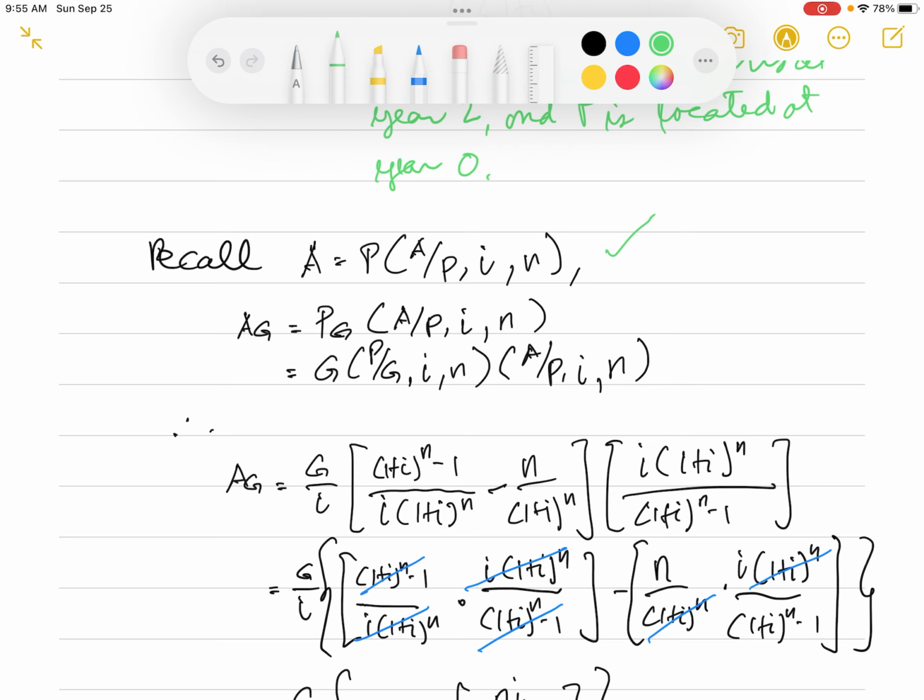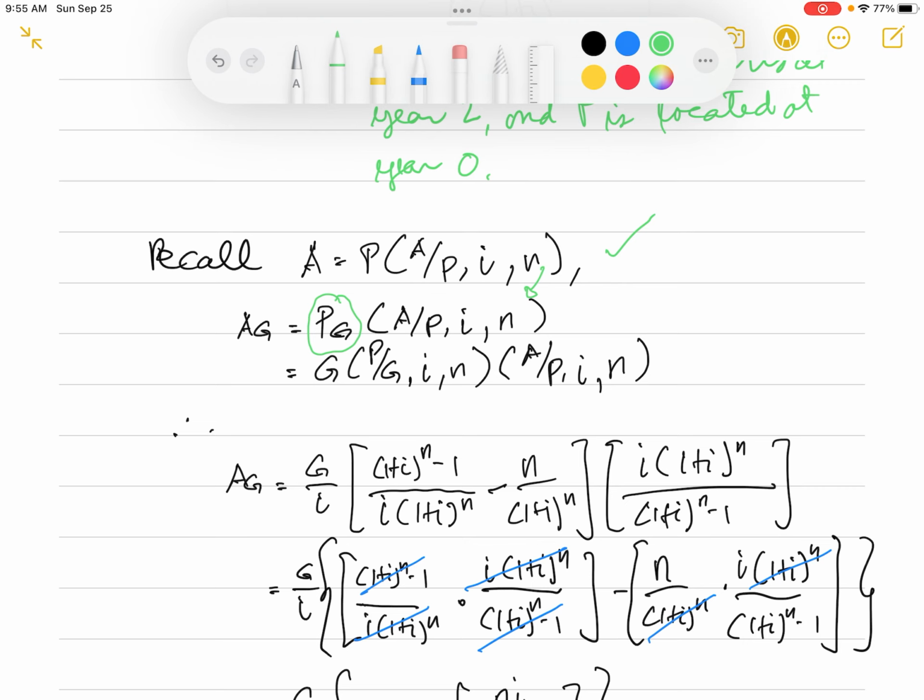This is the uniform series annual worth factor. So applying that to the equivalent annual worth of the gradient, you just use the same PG, which is the present worth of the gradient, and multiply it again with this uniform series annual worth factor.